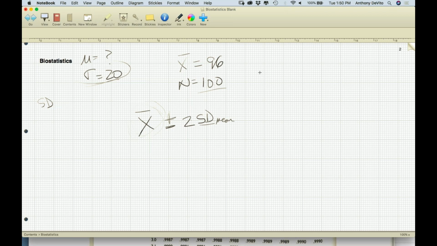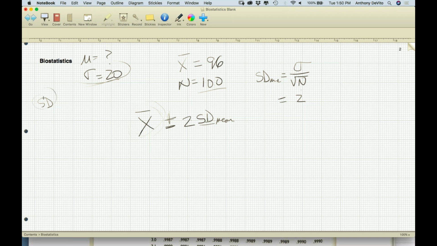Remember what we said that was? The standard deviation of the means is equal to sigma over the square root of n. I'm not going to do it again, it's the same numbers. It was equal to 20 divided by the square root of 100, so it's equal to 2. So X bar plus or minus 2 times the standard deviation of the means.